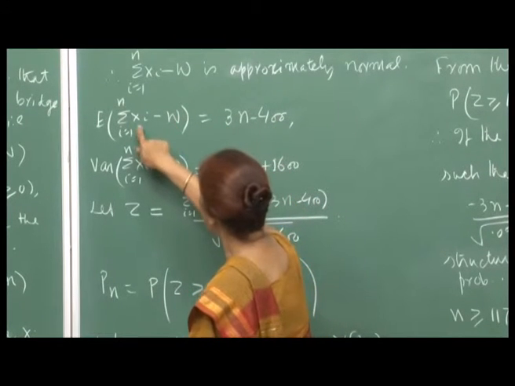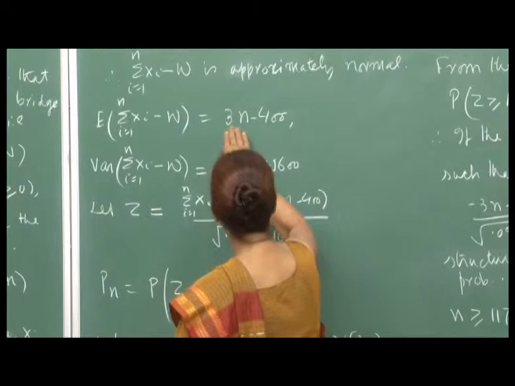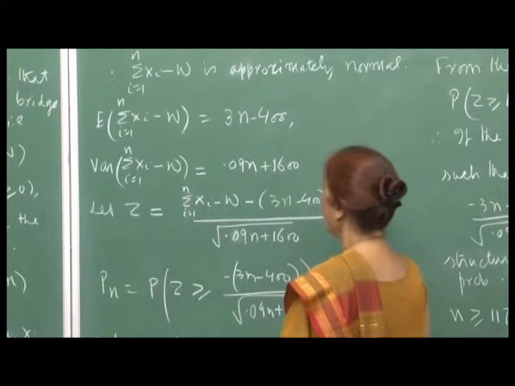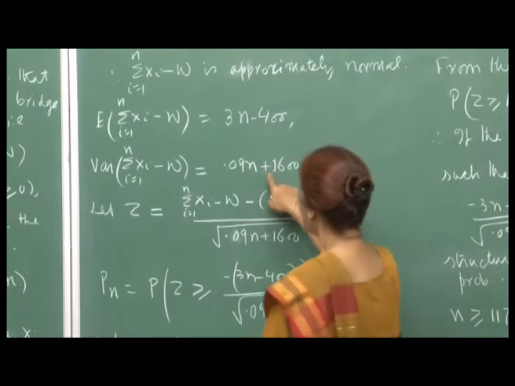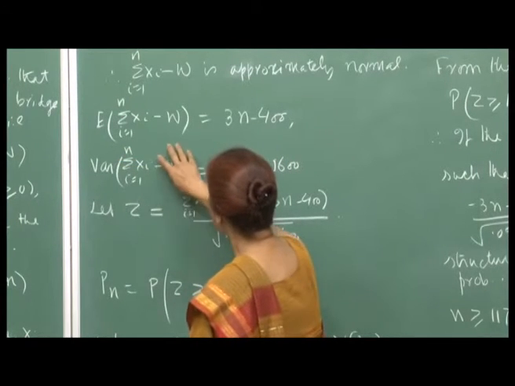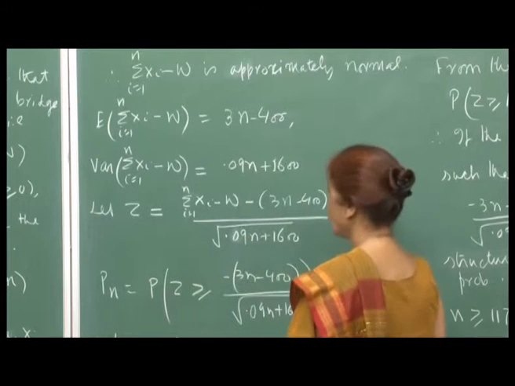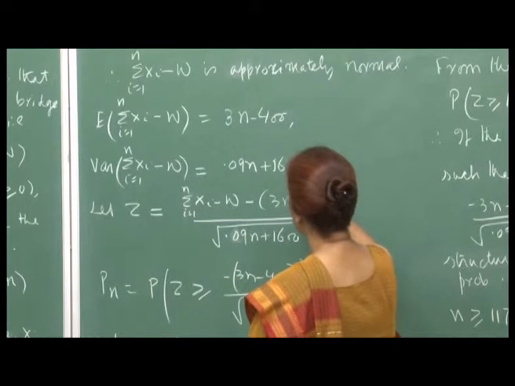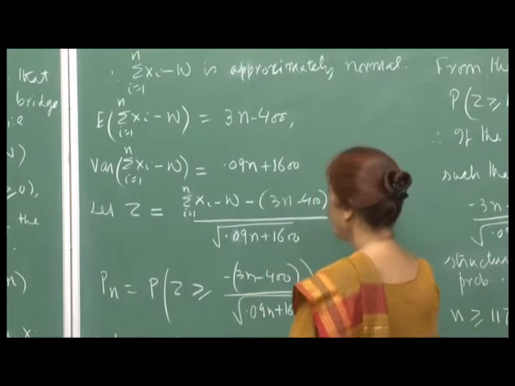So, the mean of sigma x i varying from 1 to n is 3 n, and this is 400. And the variance of course comes with a plus sign, because they are independent, so variance of this plus variance of W, which is 1600. So, this is the variance, and therefore, I can standardize.